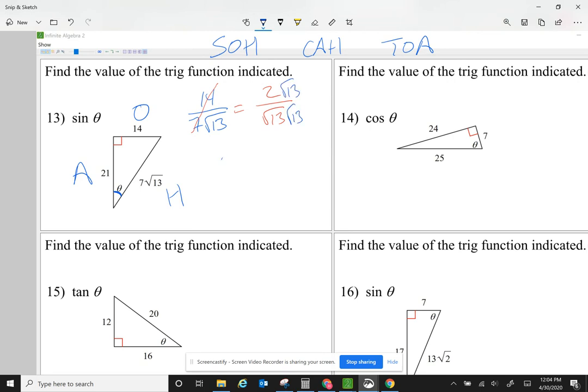So, on the top, we have 2 radical 13. At the bottom, we have 13. My whole number is 2 over 13, nothing I can do. Now, how do you type this? 2 radical 13 over 13.